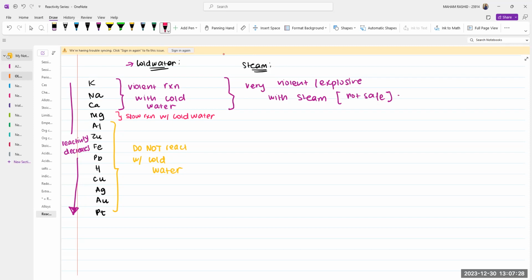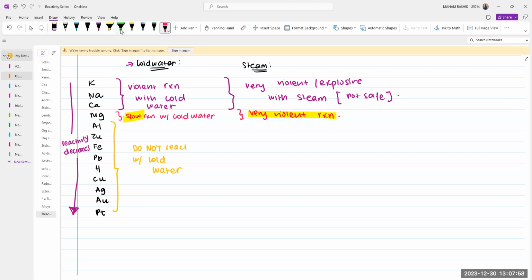In the case of magnesium's reaction with steam, it is a very violent reaction. So magnesium's reaction with cold water compared to its reaction with steam has a vast difference. How? Because magnesium reacts slowly with cold water. It's a slow reaction. However, when you're reacting magnesium with steam, it's a very violent reaction.